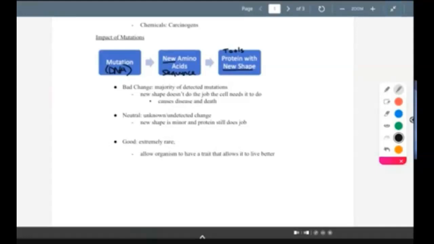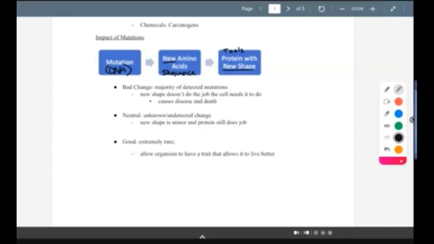If I have a screwdriver and it has a new shape that makes it look like a hammer, well, that's great. Now I've got something that can hammer nails. But what if I need a screwdriver? Well, now I have a hammer. I don't have a screwdriver. So there's a problem there. A lot of times mutations and changes in our information are actually bad for us.